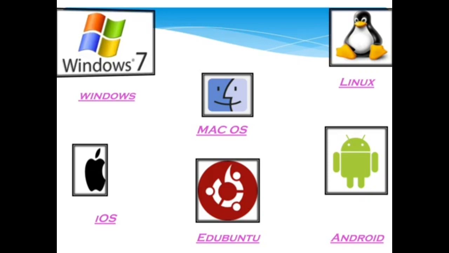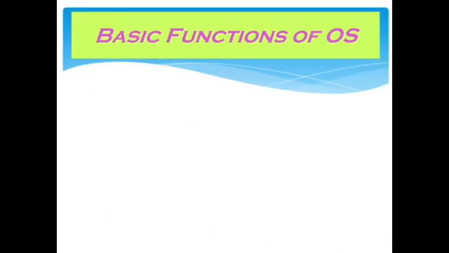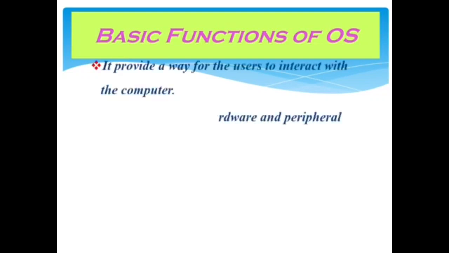Now let me see some basic functions of OS, how the OS functions. The first one is it provides a way for the users to interact with the computer. So it will give the connection between the system and the user.